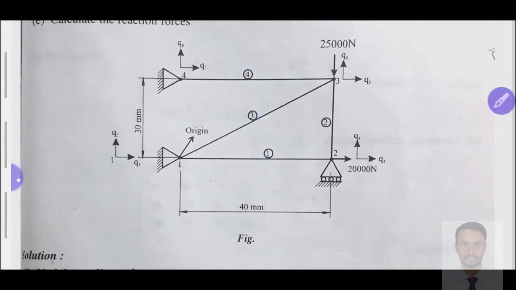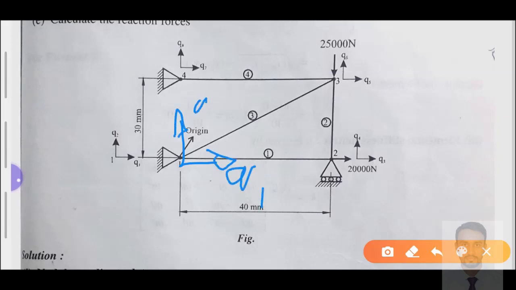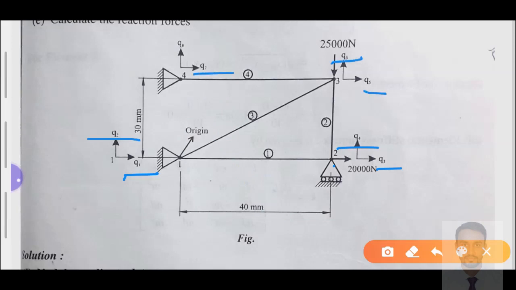Now we have represented this. After that, node number 1 has 2 degrees of freedom: along the x-axis Q1, along the y-axis Q2. So I am giving the names starting from the x-axis and ending at the y-axis. Likewise we have Q1, Q2 at node number 1, Q3 and Q4 at node number 2, Q5 and Q6 at node number 3, Q7 and Q8 at node number 4. Along the x-axis Q7, along the y-axis Q8.